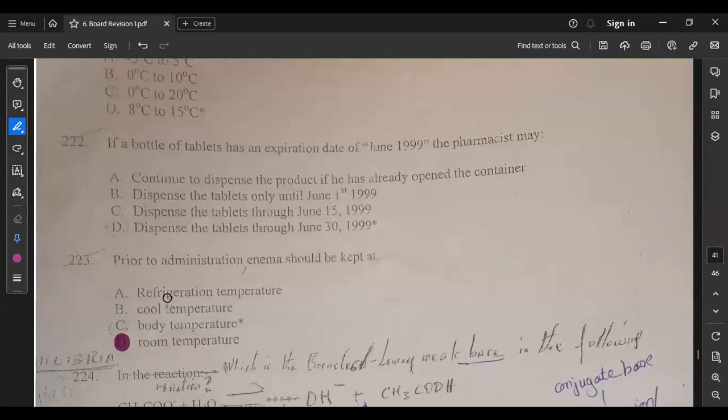Excuse me, I thought enemas are already liquid. We had said earlier that enema is a liquid.